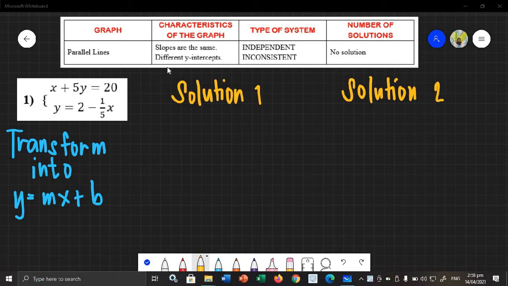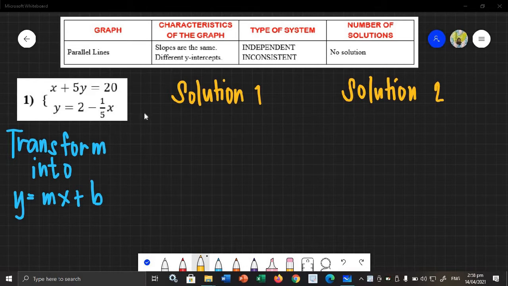So how do we prove na parallel line nga yung graph niya? Mapuprove natin siya kapag yung slope ng system of linear equation ay same but they have different y-intercepts. So we will be getting the value of the slope and y-intercept of this linear equation.